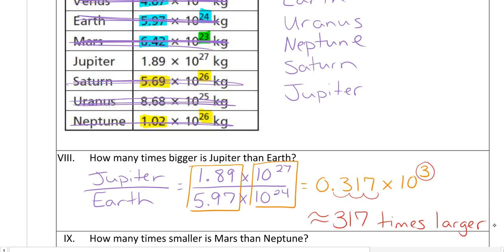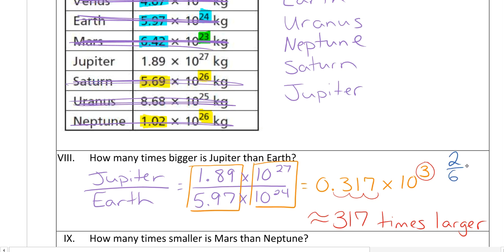Now, just a side note on this question, if you were to get a question like this on a state test that didn't allow calculators, which is very possible, that does sometimes happen, you can always use estimation. So 1.89, that's really close to 2. And 5.97 is really close to 6.